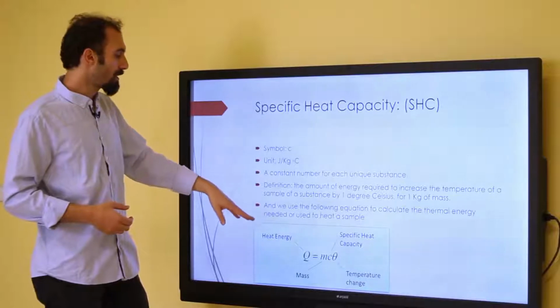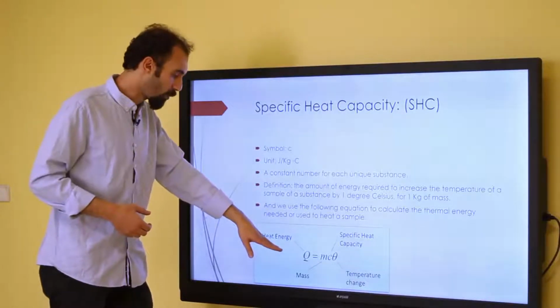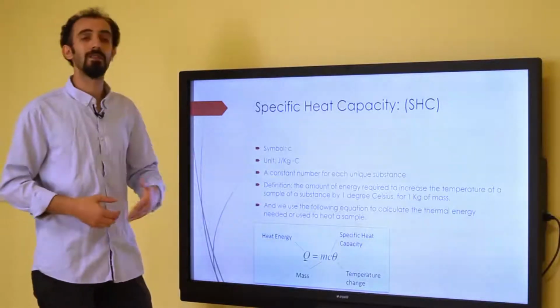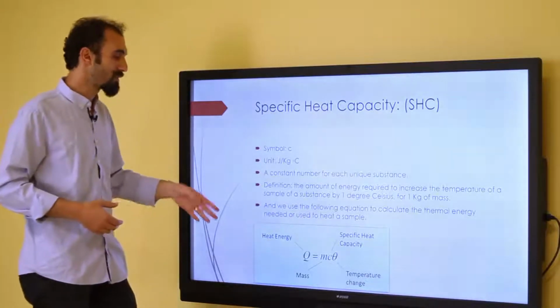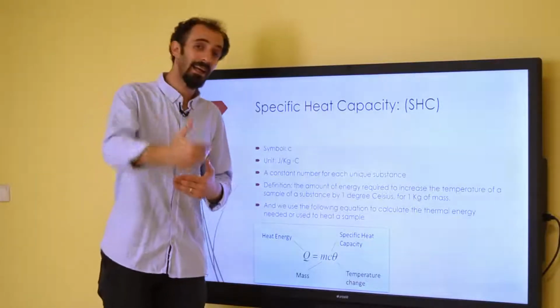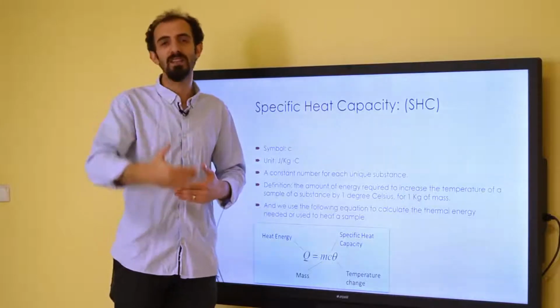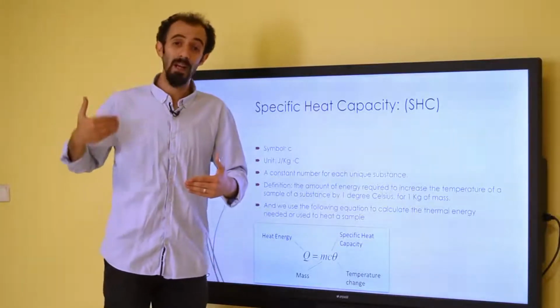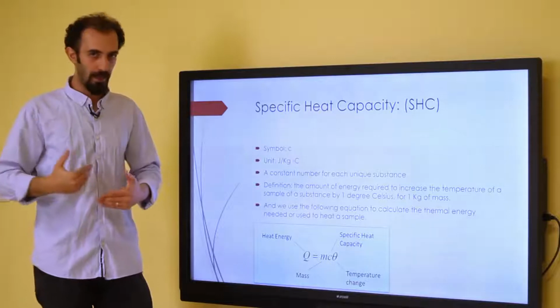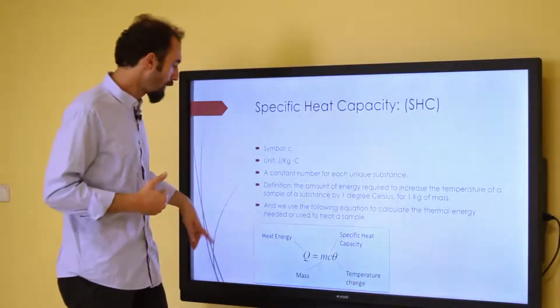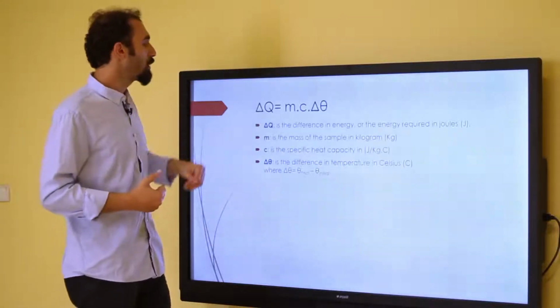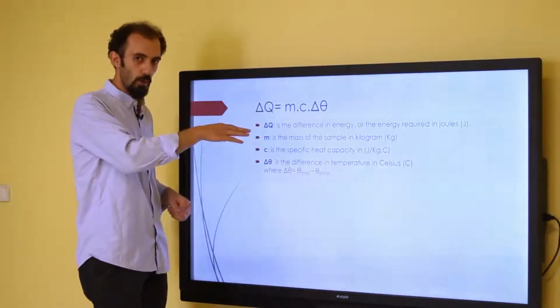We use, of course, the following equation for measuring the difference in thermal energy of a substance, whether you're supplying it with thermal energy, in other words, increasing its temperature, or you're taking away thermal energy from it, or you're making it colder. The equation is delta Q equals m c delta theta.